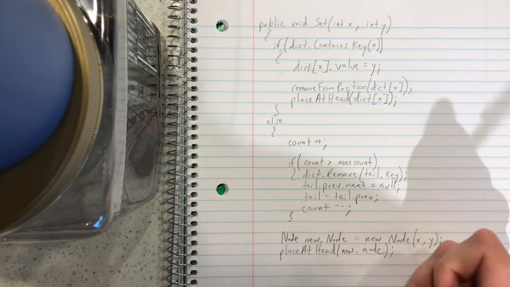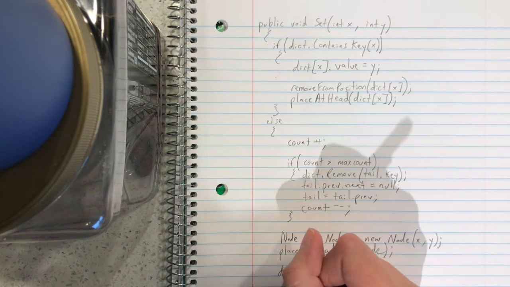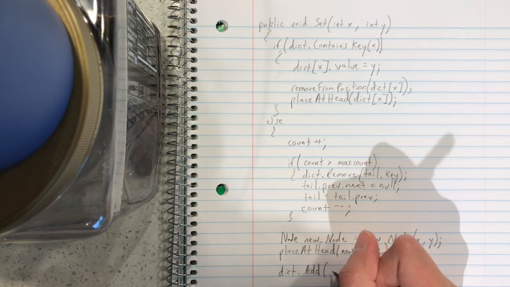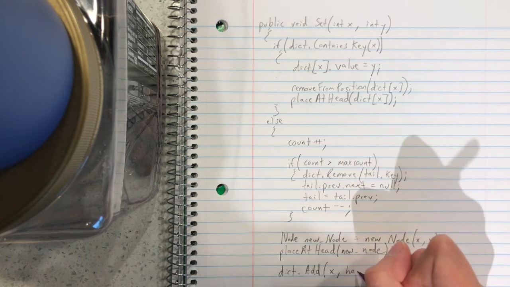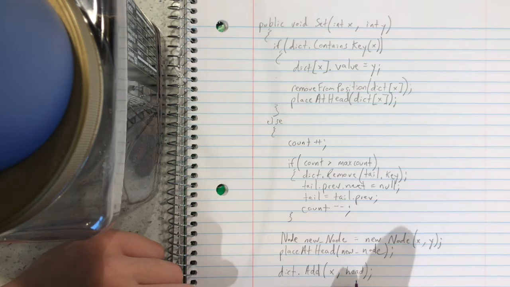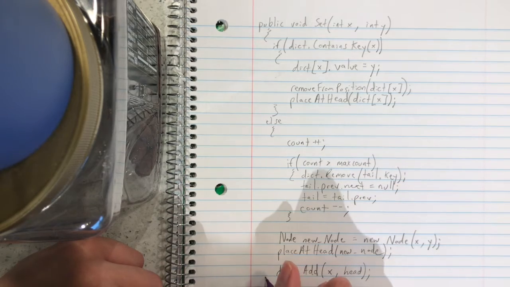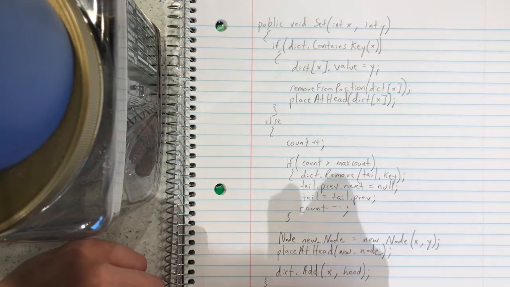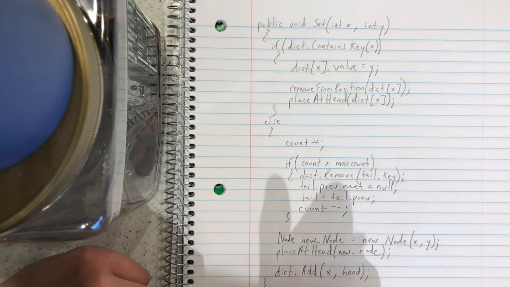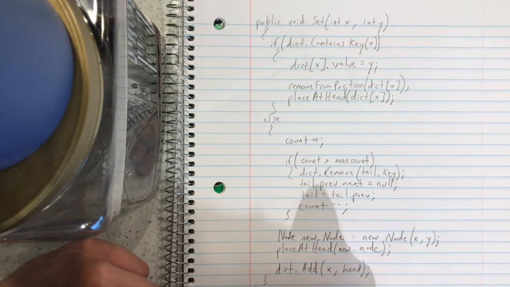And very nifty, now that the new node is the head, we can simply add to the dictionary x as the key and head as the value, which is the location of the head. So we will close off our else, close off our set, and we also, at long last, get to close off our LRU cache method.